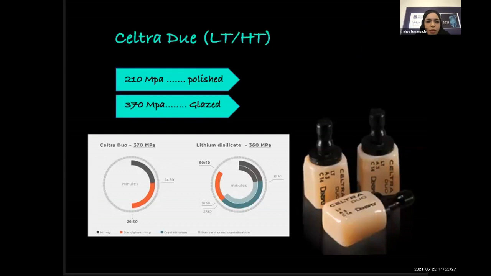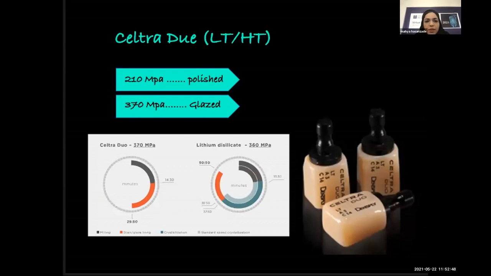Celtra Duo is available with two translucencies, LT and HT. This material can be a one-step material or a two-step material. If we mill it, polish it, and seat it, we only reach a flexural strength of about 210 megapascal.